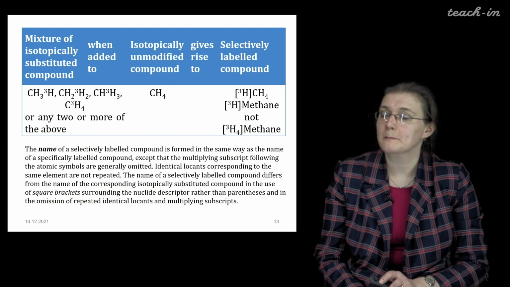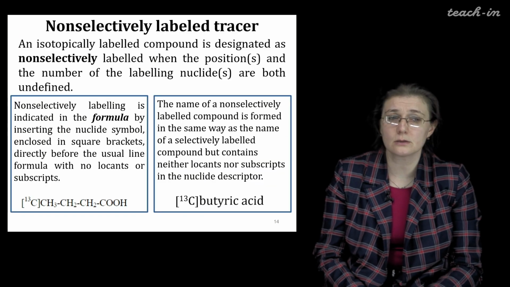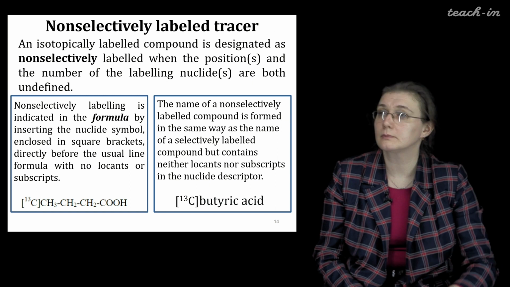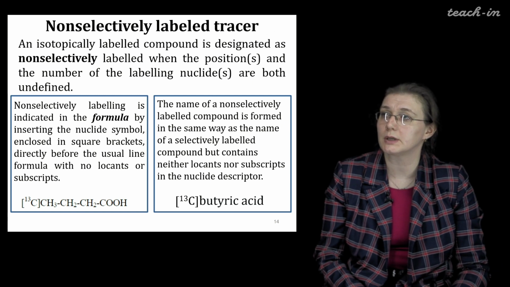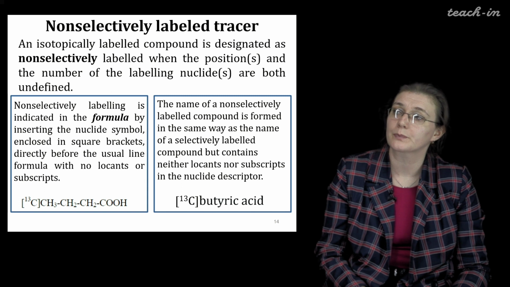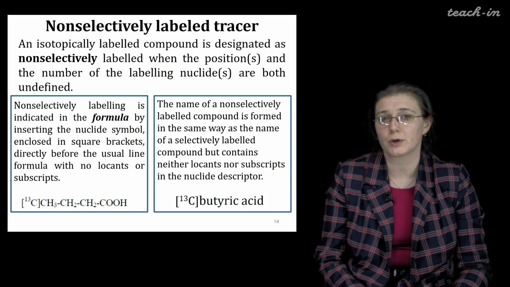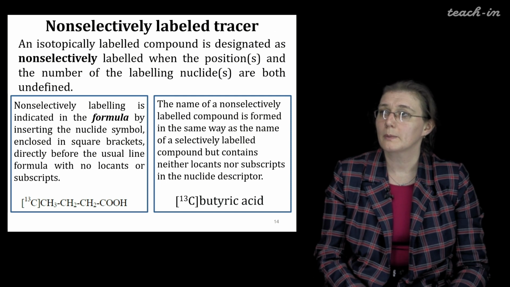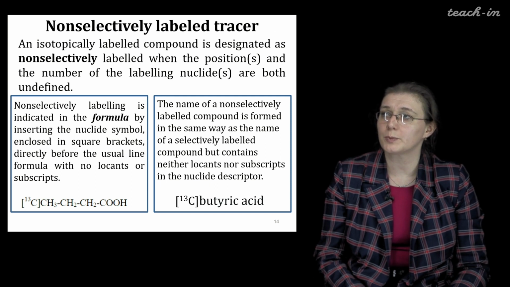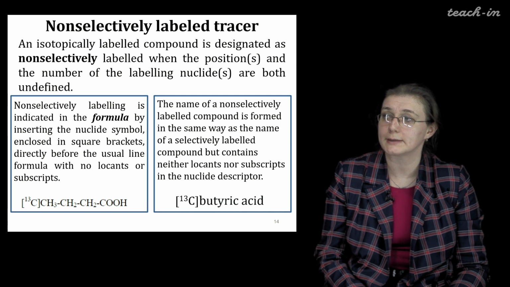And the other group is non-selectively labeled tracers. It's a group of labeled compounds. An isotopically labeled compound is designated as non-selectively labeled when the position and the number of labeling nuclides are both undefined.